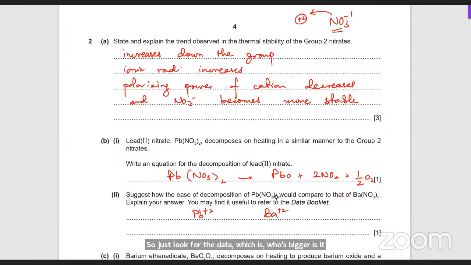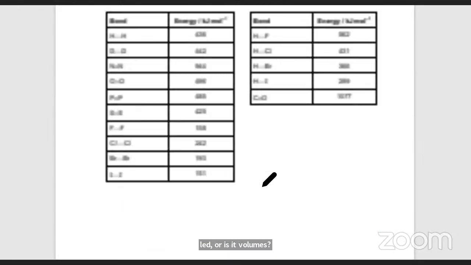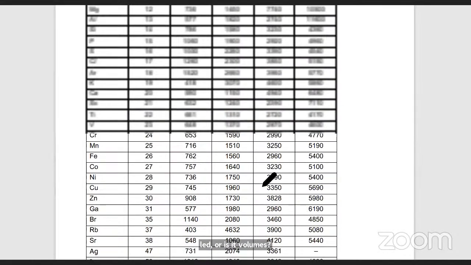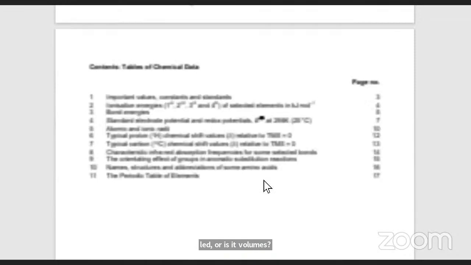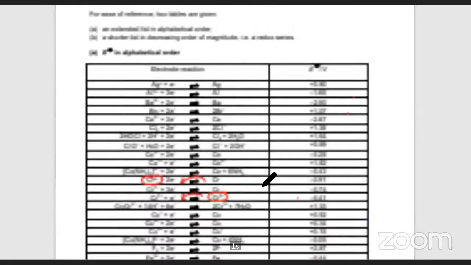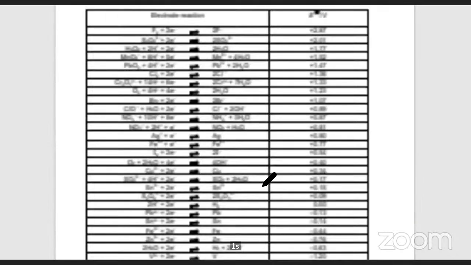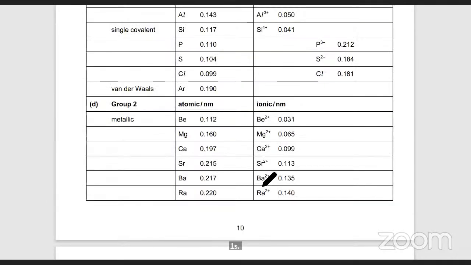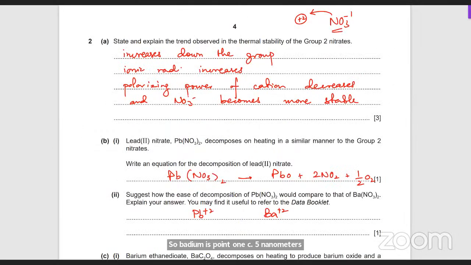It's not given here, one second, it's not here. Okay, barium is 0.135 nanometers. Similarly, we look for lead.